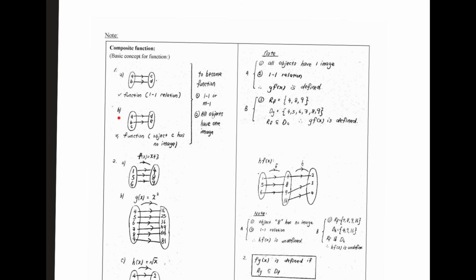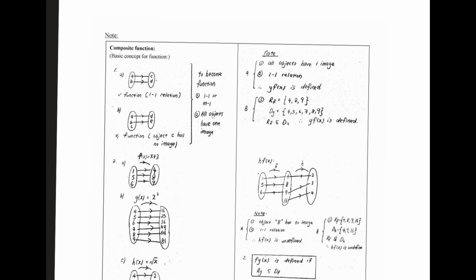So this is B. This is a one-to-one relation, but this is not a function because object C has no image. Okay, so the conclusion is that to become a function, first it must be a one-to-one relation or many-to-one relation. The second condition is all objects must have one image. An object with no image makes the function fail to be defined.